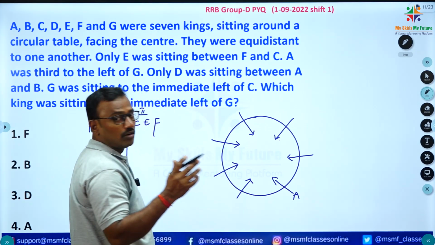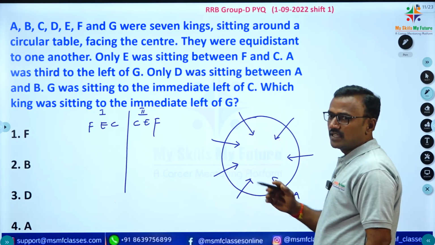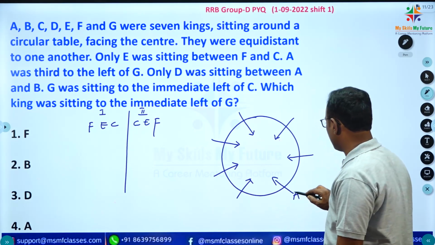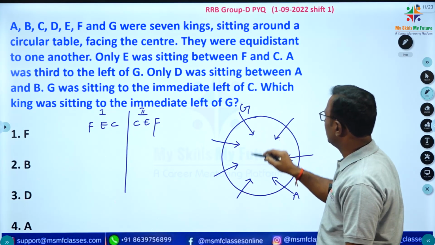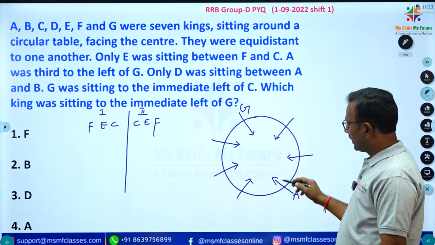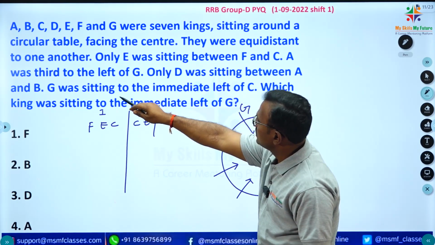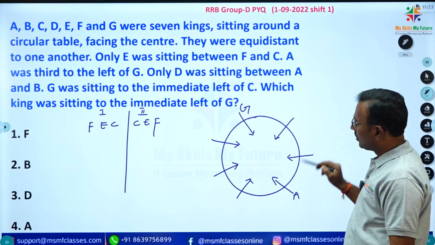A is thought to the left of G, so G is thought to the right of A. So we can write G is here. Here first left, second left, third left.